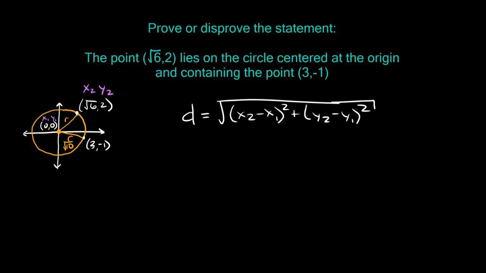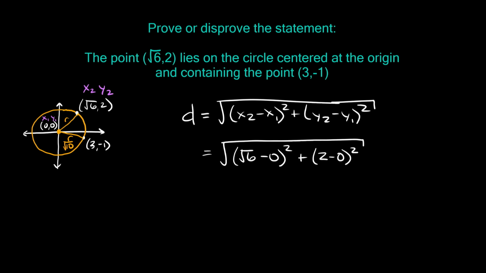Now let's plug these into the formula. This is equal to the square root of (x2 - x1)², so that's the square root of (6 - 0)² + (2 - 0)².